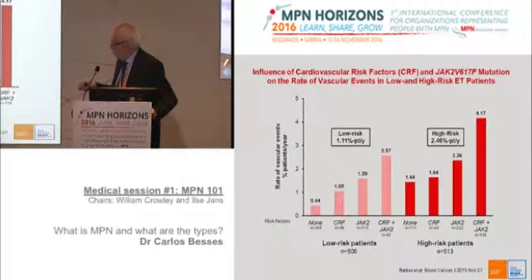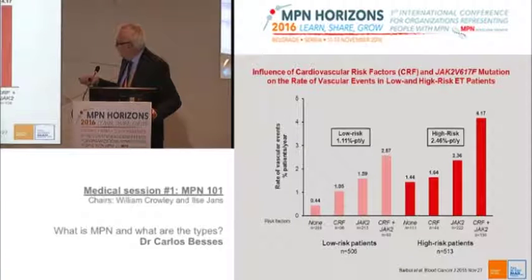When the patients were divided according to the classical risk stratification system into low risk and high risk patients, if we subdivide these low risk and high risk patients according to the presence or the absence of cardiovascular risk factors and JAK2, we can observe that the rates of thrombosis, either in the low-risk group or in the high-risk group, were quite different.